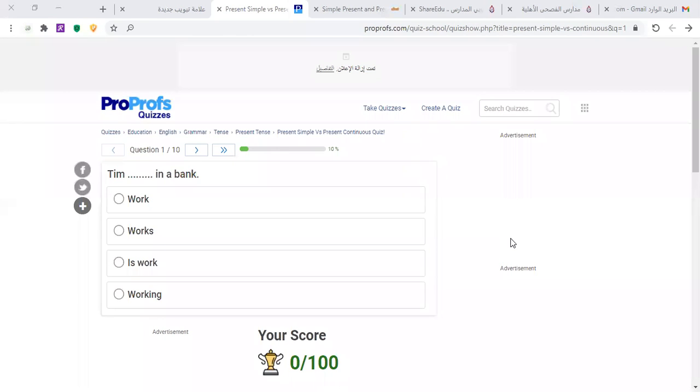Very good, Reneem. 7 out of 10. MashaAllah. Ragda, 10 out of 10. MashaAllah, tabarakallah.